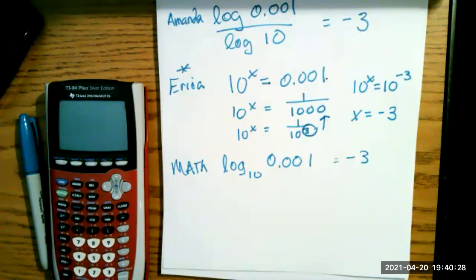So 1/1000 is 0.001, and 1000 is 10 to the 3rd. If you want to move that to the top so that your bases are both 10, it becomes 10 to the -3, which means your x is -3 when you cancel out your bases.